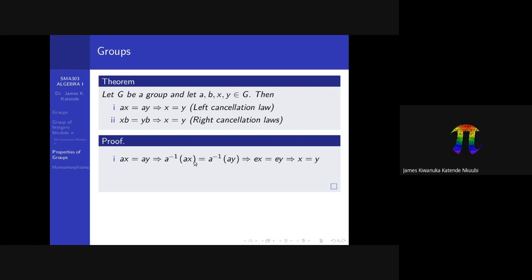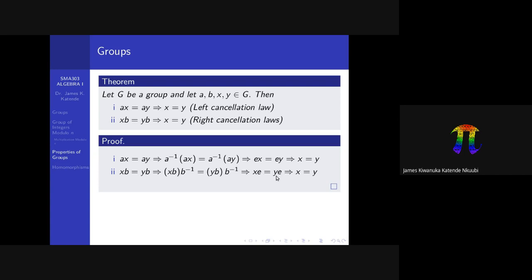They can even be matrices, so you can't just cancel them out. You have to use the inverse to cancel them out. The next thing says XB is equal to YB. Again, the same idea. You post-multiply both sides of the equation by the inverse of B, and you end up with XE is equal to YE, where E is the identity.